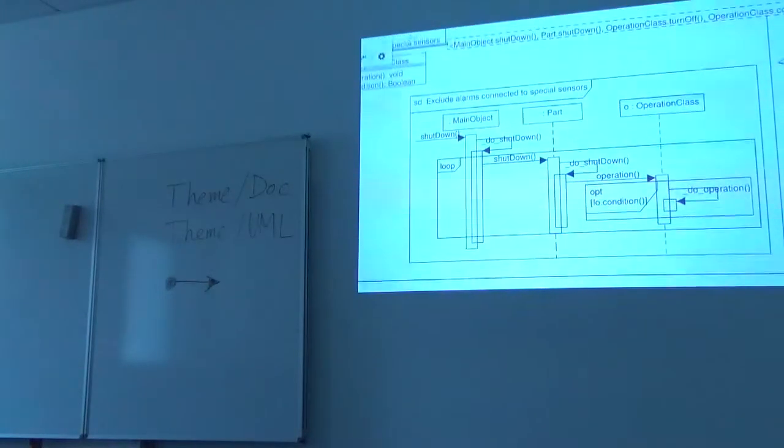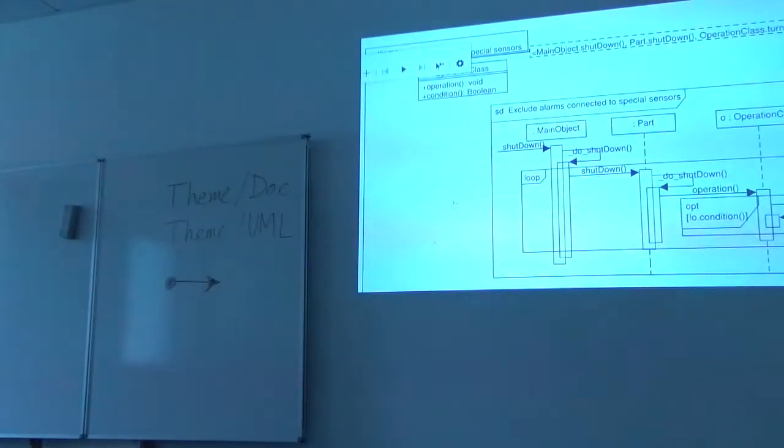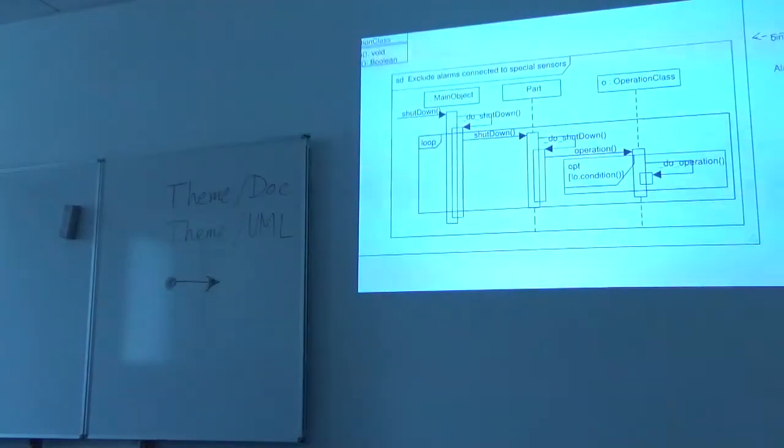So what do we have here is a new version of the exclude alarms connected to special sensors theme, and here we have this operation class again, but our sequence diagram is far more complex.